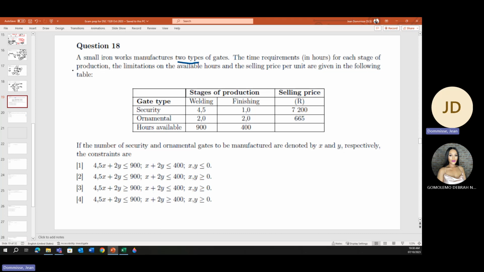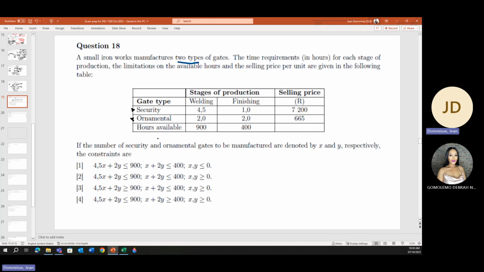Okay, so let's look at a small iron works manufacturer, two types of gates. So security gate and ornamental, and then they tell us the time requirements for each stage of production are given, and there is a price component to it as well.